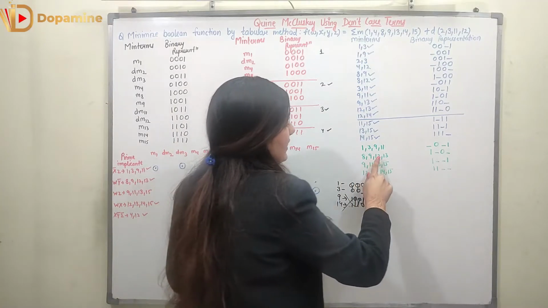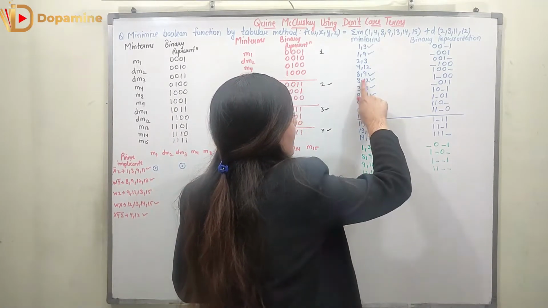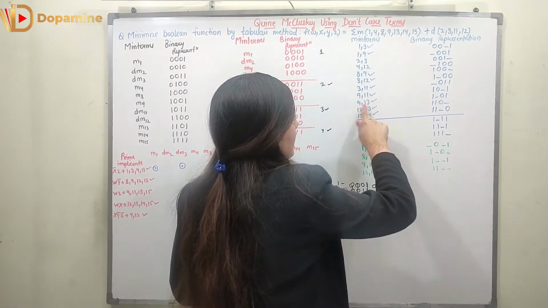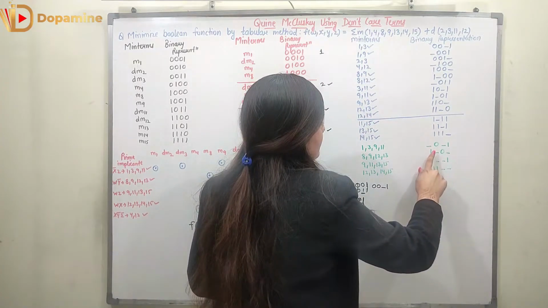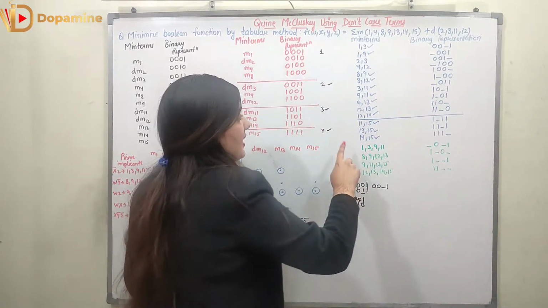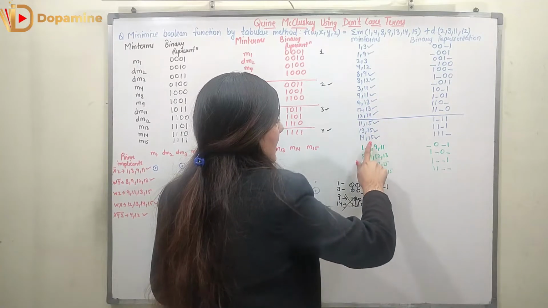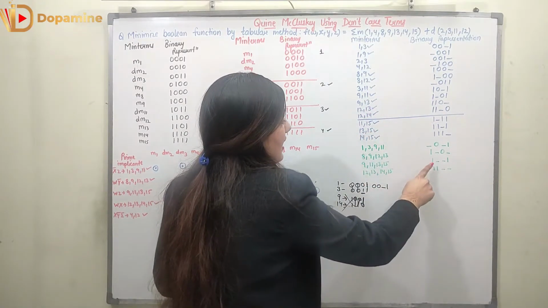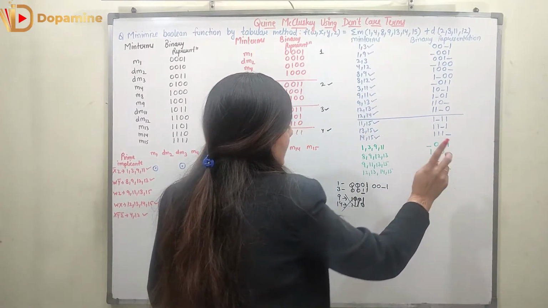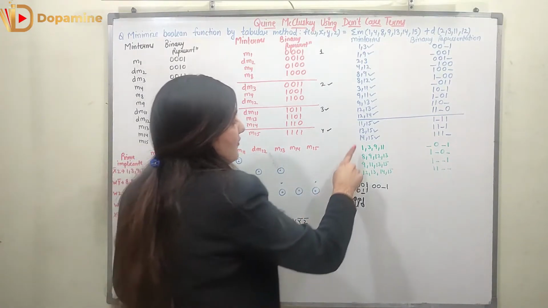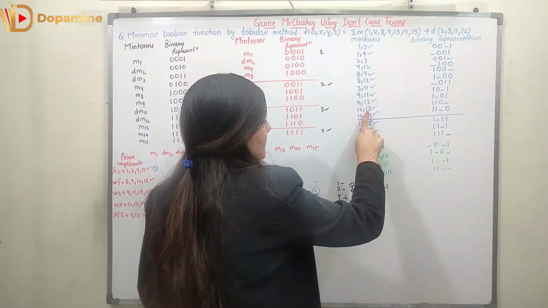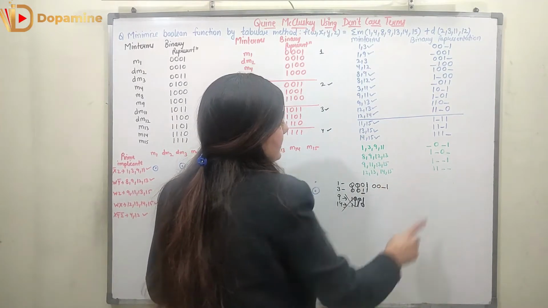Right? 8, 9 can be clubbed with 12 and 13, and it can be represented as 1-0-. The 9, 11 can be clubbed with the higher order, which is 13, 15. It can be represented as 1--1. Right? Now after that 12, 13 can be clubbed with 14, 15 as 11--.